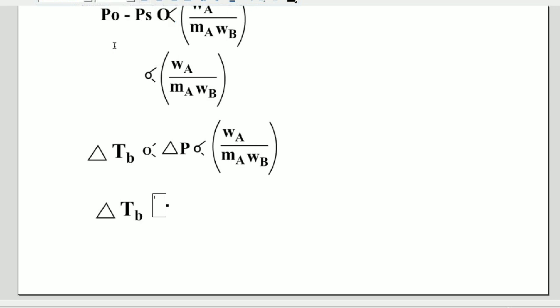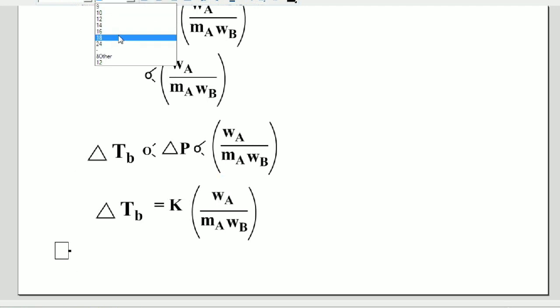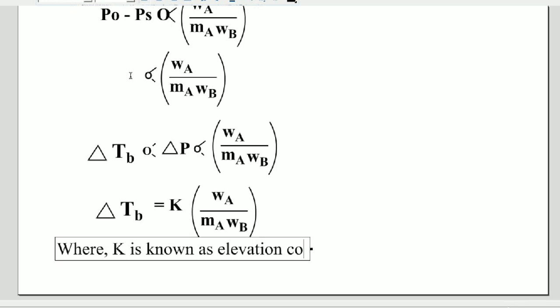Let it be K. Therefore, delta TB is equal to K into WA by MA into WB, where K is known as the elevation constant. Elevation in the boiling point, delta TB, is equal to K into WA by MA into WB.